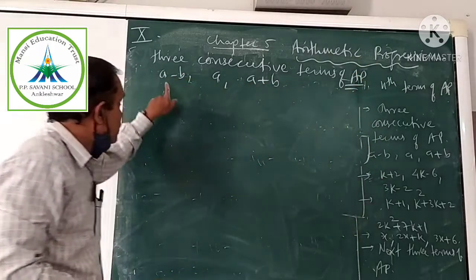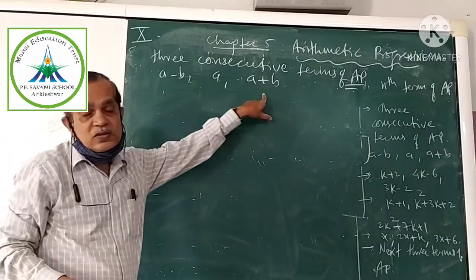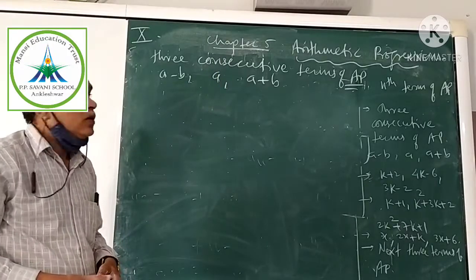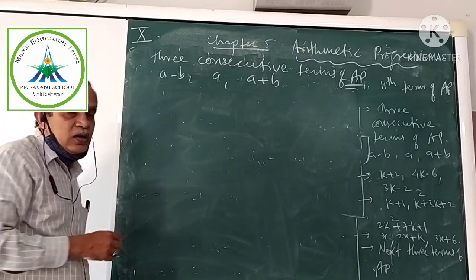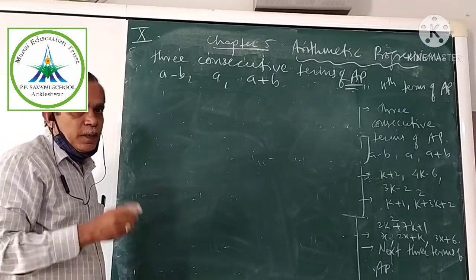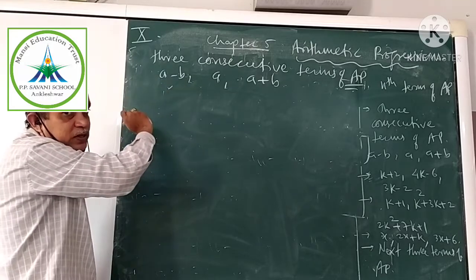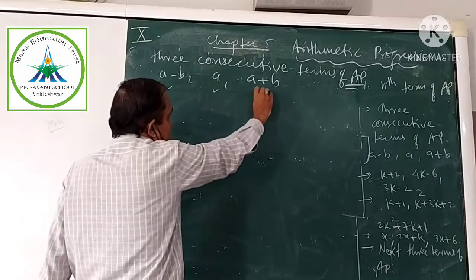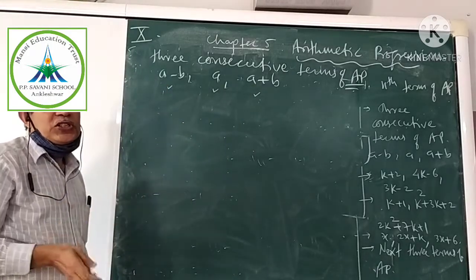If these are 3 consecutive terms, then it must satisfy that the difference between consecutive terms should be equal. Let us check whether these are terms of an AP or not. See, what is the first term? A minus D. What is the second term? A. What is the third term? A plus D. So let us confirm whether the difference between two consecutive terms is equal or not.